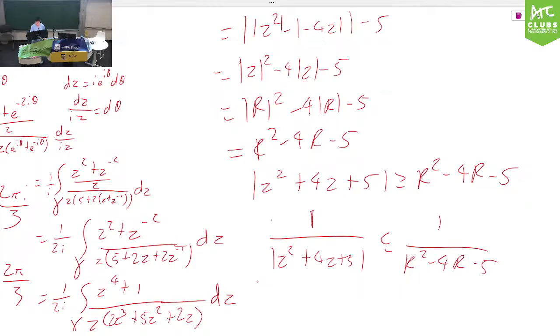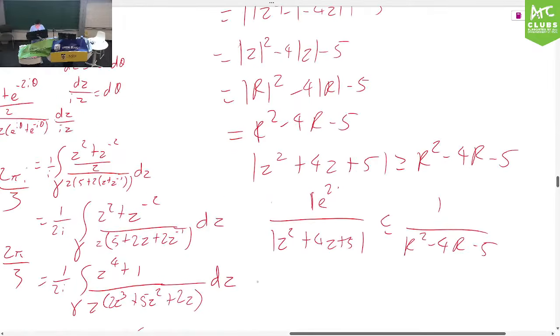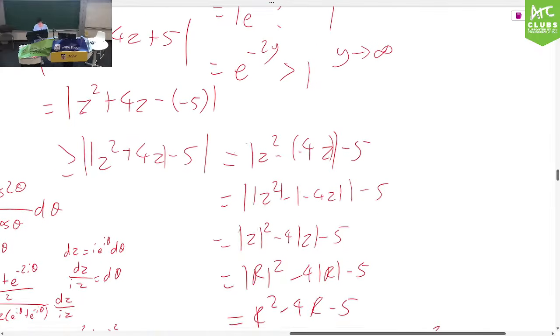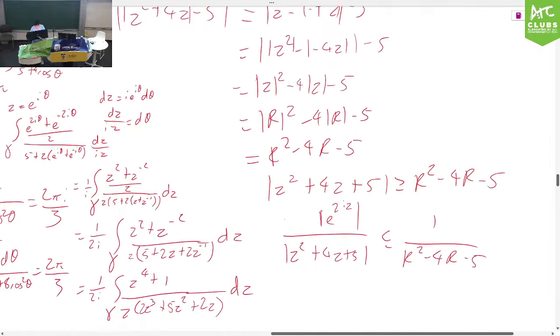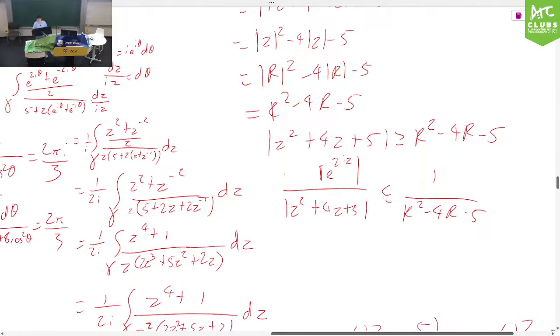And then obviously we have that e to the 2iz, sorry. That thing is bounded by, it's actually 1. Okay, this thing is 1. So the maximum value is bounded by that.